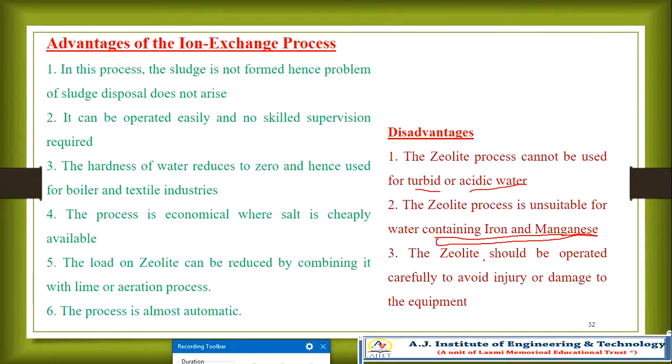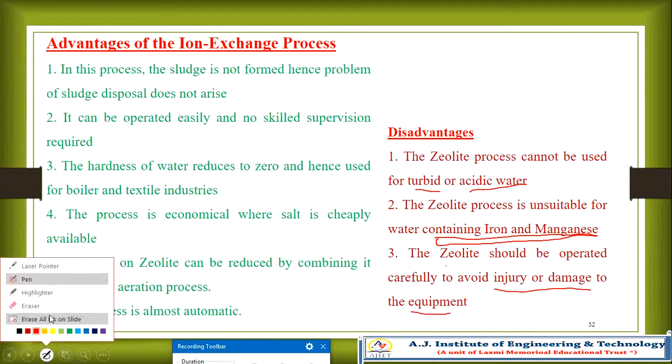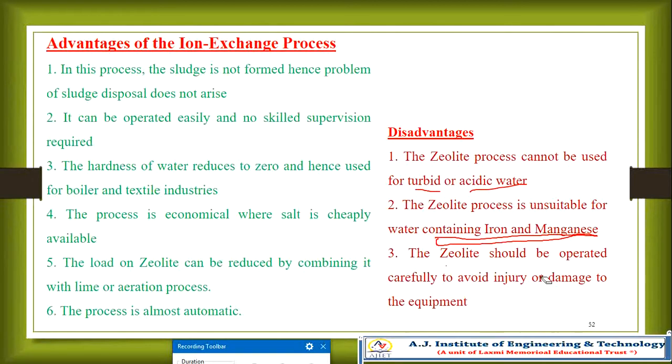Zeolite should be operated carefully to avoid injury or damage to the equipment. That is an important concept.